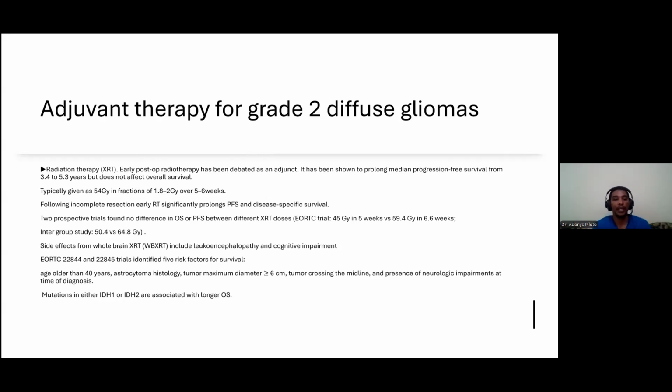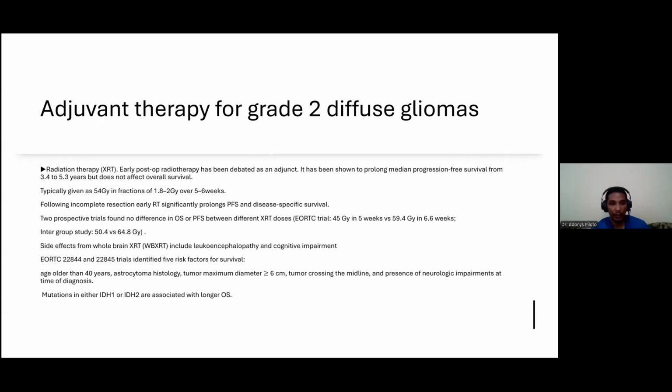Two prospective trials found no difference in overall survival or progression-free survival between different radiotherapy doses. The trials included 45 Gy in 5 weeks versus 59.4 Gy in 6.6 weeks. Side effects from whole brain radiotherapy include leukoencephalopathy and cognitive impairment.